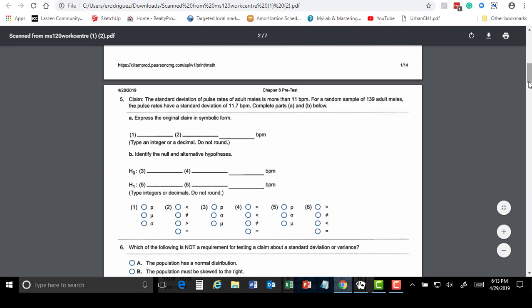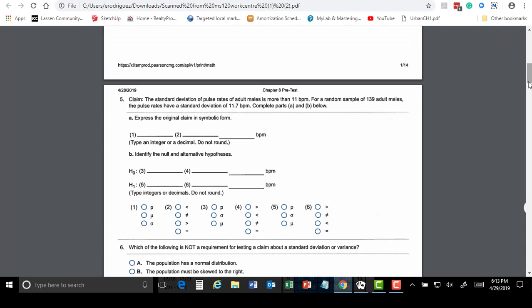Okay, here we have the standard deviation now. Read this, because our test now is about the standard deviation, which uses a chi-square distribution. Here we have a pulse rate of about 11 beats per minute.